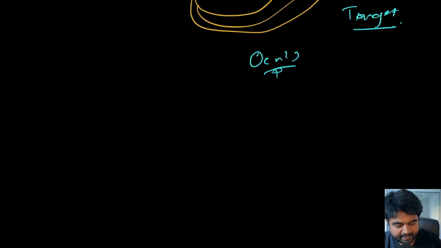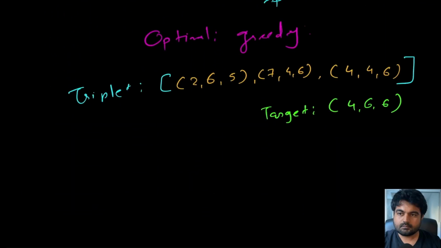We need to find a better approach, and the optimal solution comes from doing things in the simplest manner, which is to use a greedy approach. Let's say this is the example we are given. Whenever we iterate over a particular triplet, we should compare it with the target to determine whether it is a triplet of interest or not.